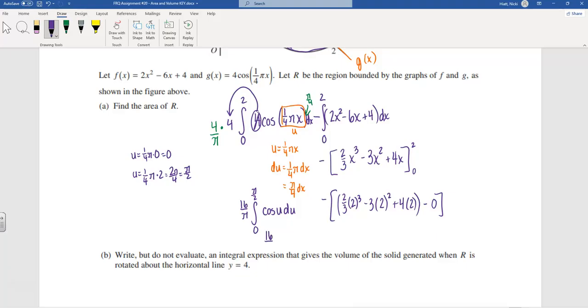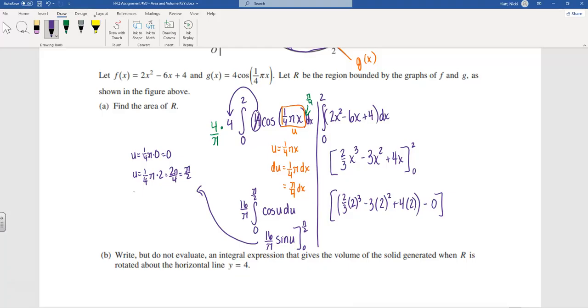So I have 16 over pi sine of u from 0 to pi over 2. You do not have to go back to the limits for this. In fact, let's do this. I'm going to erase all my negatives, and I'm going to just draw a line right here so that I can do this separately, and I'm running out of room, and at the end I will subtract my two values.